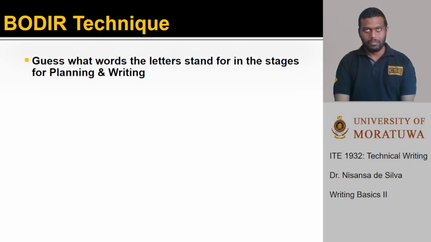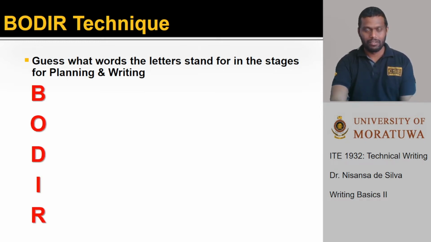Now, BODIR sounds like a sequence of letters with no connection between them whatsoever. So, let's try to guess what words these letters stand for. BODIR. Please pause here if you want to keep guessing.